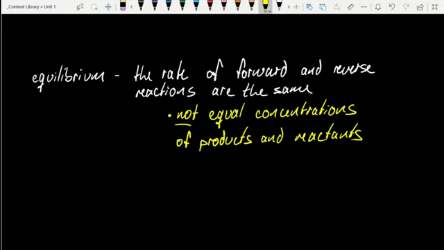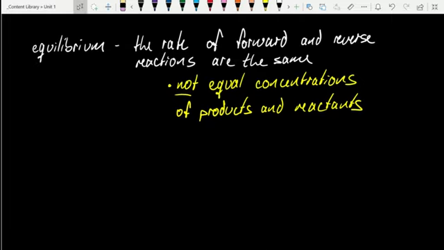Now, if we apply this to the acid-base system, let's give an example of a generic acid-base equation where we have a weak acid, HA. We know it's a weak acid because it's a reversible reaction, which means it does not dissociate completely, but it will dissociate partially, giving us a population of H plus and A minus.